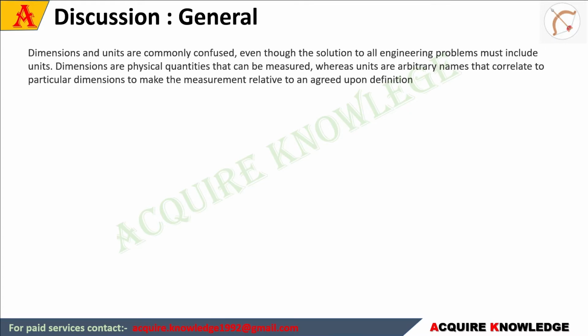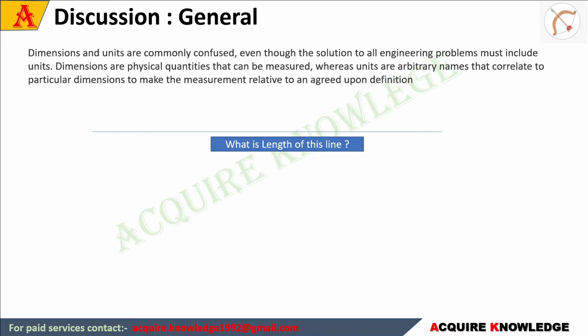Dimensions and units are commonly confused with each other. We can say dimensions are values, and a unit is something which tells about the reference with respect to which the measurement is carried out. To understand it, let's take a very simple example. If I ask you, what is the length of this line? Can you define the length without using a unit system?